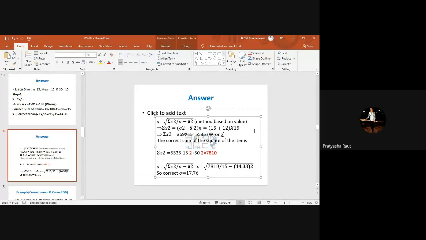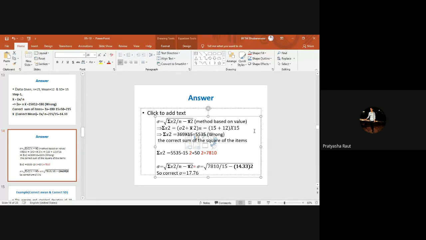Here the sigma value is given, as calculated from the previous data, and the n value is given and fixed, that is 15. If you calculate the sum of x square, that is 69 into 15, that was 535.